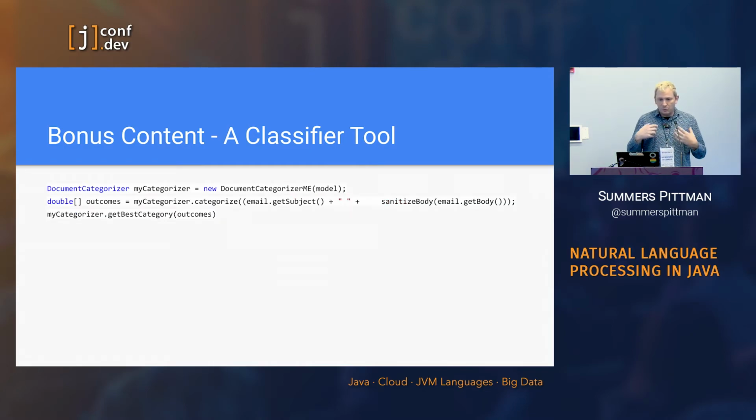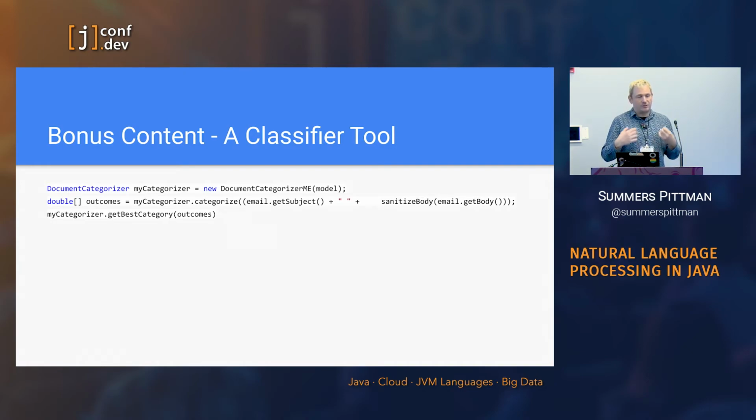And then, once we've calculated our model, we can pass it into a document categorizer, and we can send each email into the categorizer to get a list of outcomes, which is all of the categories that OpenNLP knows about. It will tell you the percent likelihood that each category matches the email.